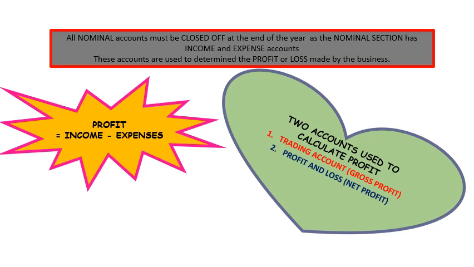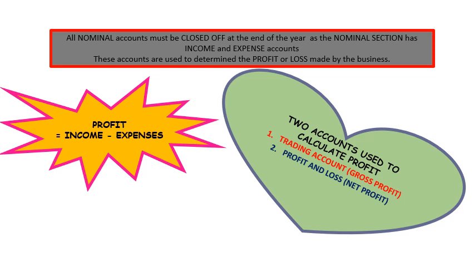Because the nominal section has all income and expense accounts. And those accounts are used to determine the profit or the loss made by the business. What is the formula for profit? It's your income minus your expenses. That calculation, remember we are doing accounting, so the calculation of your profit will be done inside accounts.